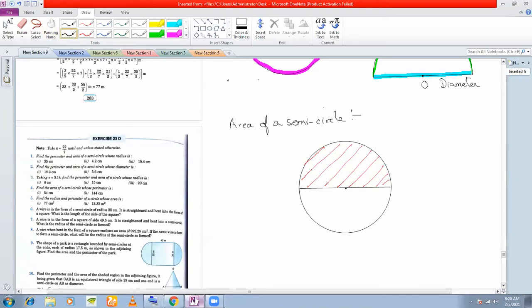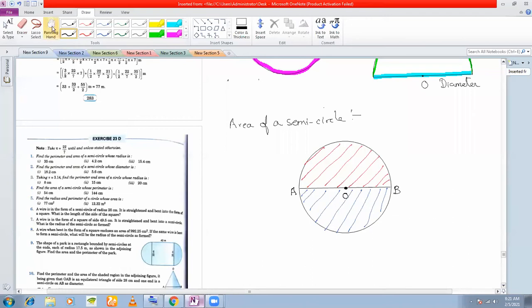Let us call this the center O, and this is AB. And this is another semicircle.